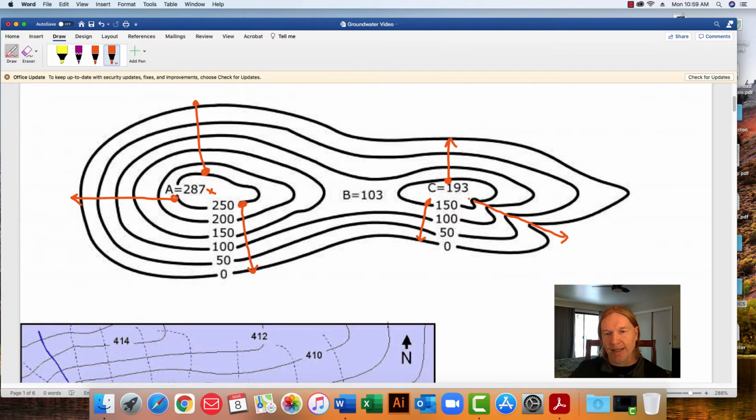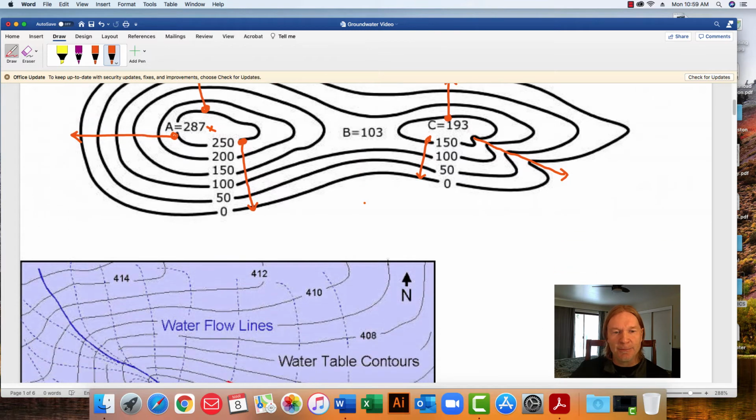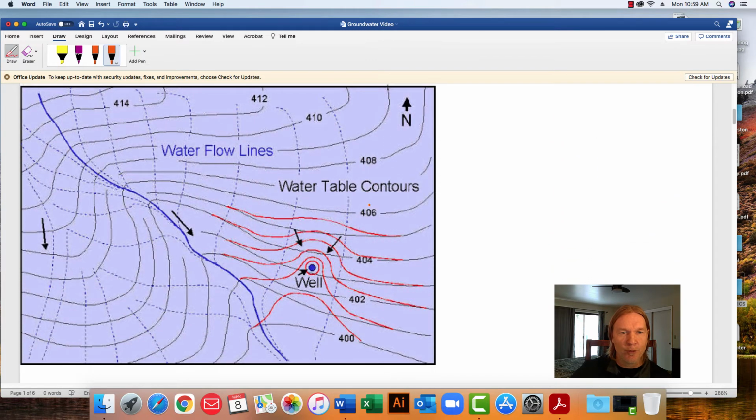So these represent hills. On this picture right here, we're looking at a contour map of the water table. What they did here is they drew contour lines, which are labeled right here, and they drew a contour map showing the elevation of the water table.